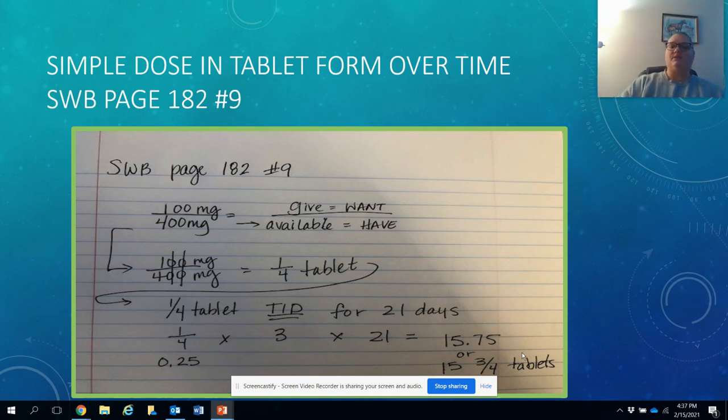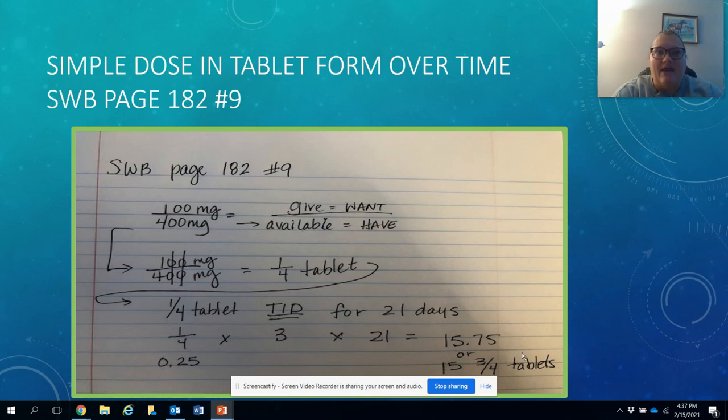But you're not done yet because you need to multiply it by how much you want to give and for how long. So 1/4 of a tablet, they want to give it TID, which is 3 times a day for 21 days. So 1/4 of a tablet, or 0.25 times 3 times 21 gets you 15.75 or 15 3/4 tablets.